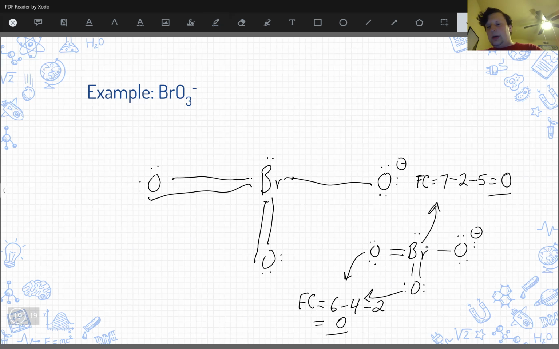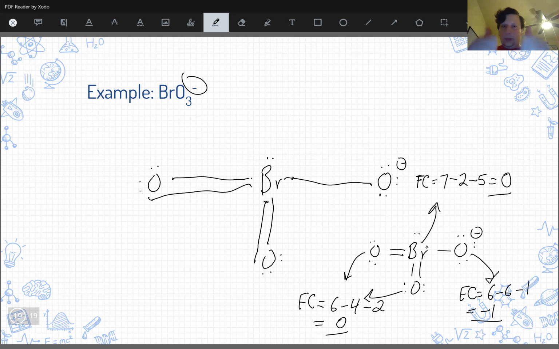And then last but not least, we have this oxygen. Formal charge equals 6 valence electrons minus 6 non-bonding electrons minus 1 bond. That is a -1. So 0 plus 0 plus -1 equals -1. So we are good. Hope that helped.